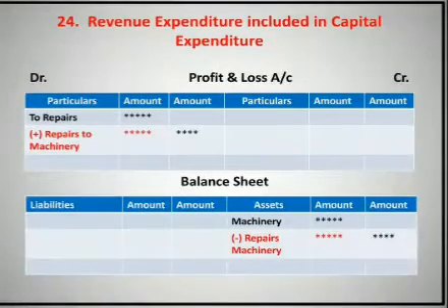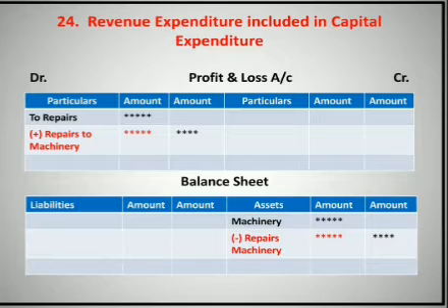See the next adjustment. In the same way, revenue expenditure included in capital expenditure. Now, in the previous video we have seen the meaning of capital expenditure. Now we will see the meaning of revenue expenditure.